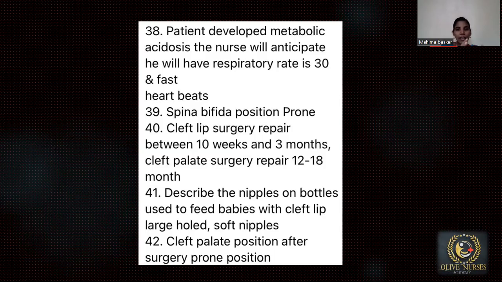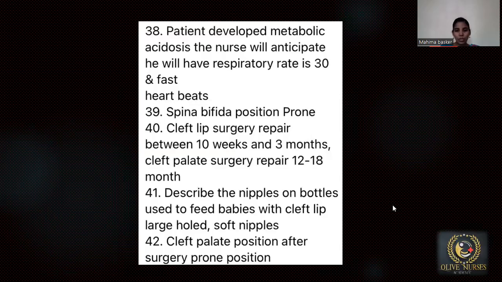Don't forget. If it is cleft lip alone, we can do the surgery between 2 to 6 months. If it is cleft palate, we can do the surgery at 6 to 12 months. So if the baby presents with both, in between, at 6 months we will do both surgeries. Got the point? Okay, next one.